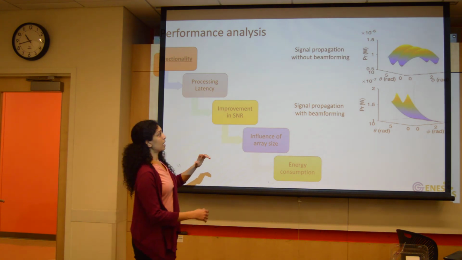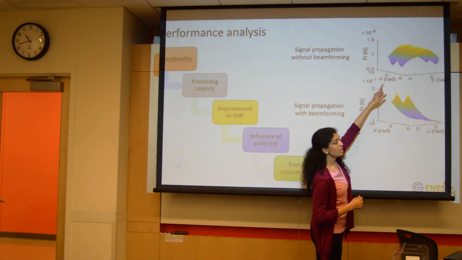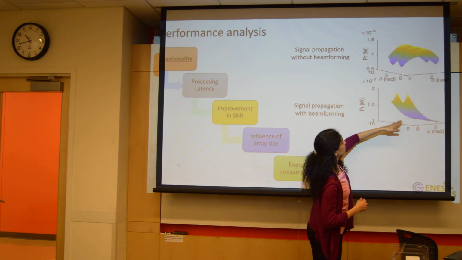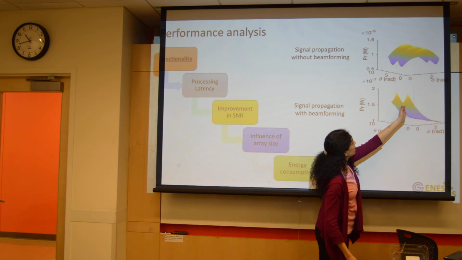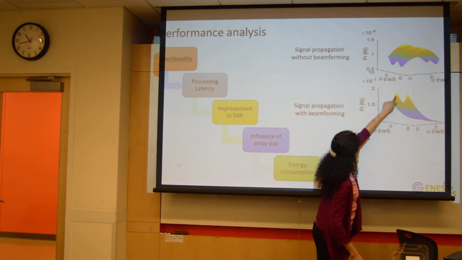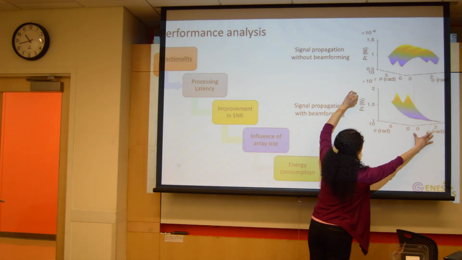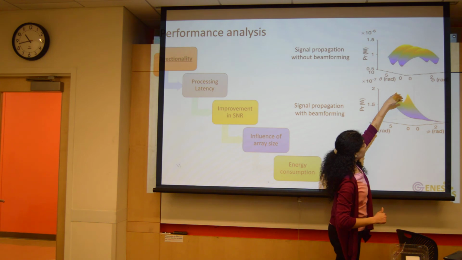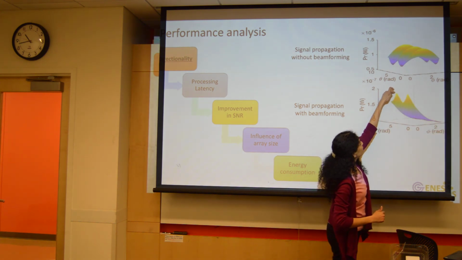If you see the directionality, this is the form before beam forming, and this is the signal after beam forming. So using the steering weight, we could eliminate the energy in other directions. This is the direction in which the relay is, corresponding to 0 degree here. This is the elevation plane. In the elevation plane, the signal is degrading in other directions, and there is a peak only in the relay position.